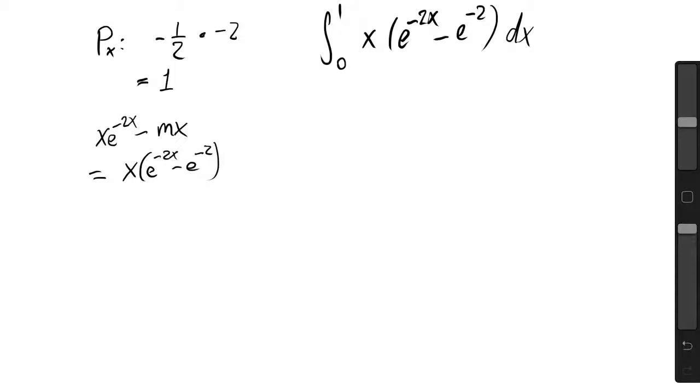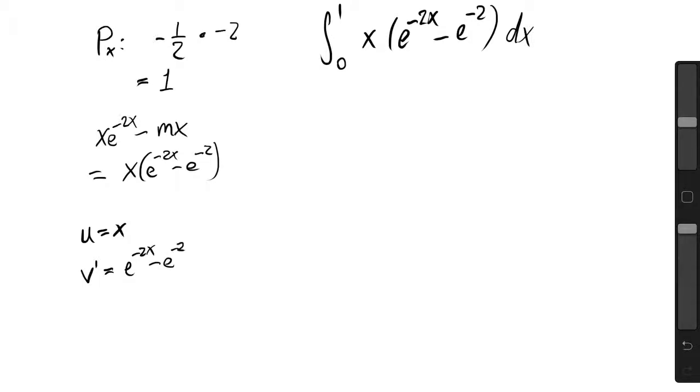So let's see. Because this is another product, we need to use the integration by parts method. So let u be x and v prime be e to the minus 2x take e to the minus 2.